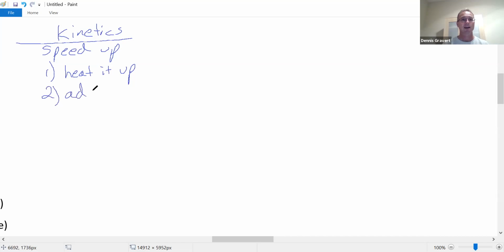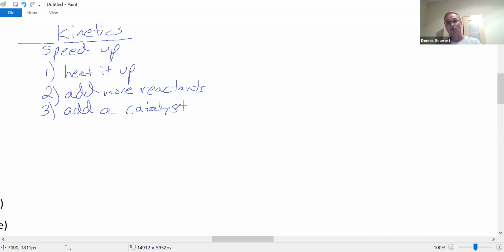Two, add more reactants. Three, add a catalyst. Okay, this could be an endothermic, exothermic, exergonic reaction, doesn't matter. It's all about that size of the hill.